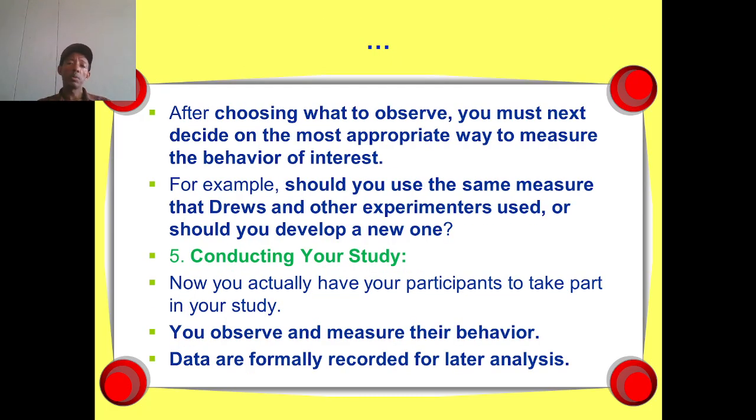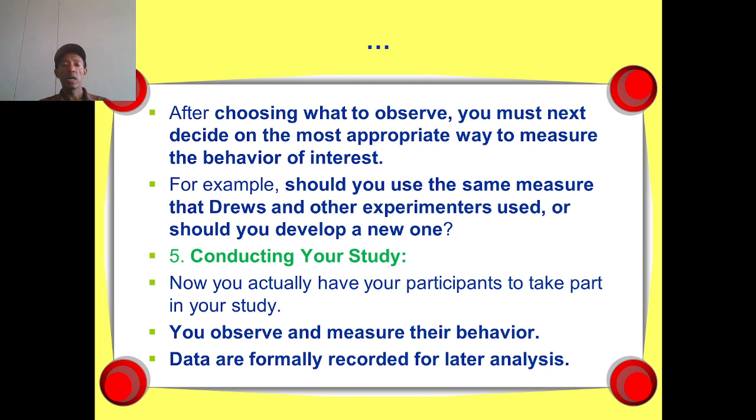After choosing what to observe, you must next decide on the most appropriate ways to measure the behavior. For instance, should we use the same measure that Drews and other experimenters used, or should you develop a new one? So, adopting or adapting the measure. The fifth one is conducting your study.